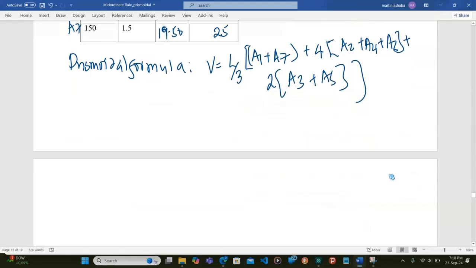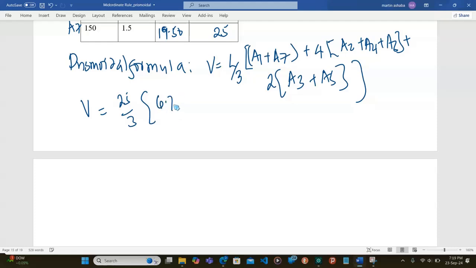So if we substitute, we have V equal to 25 divided by 3 into the areas.